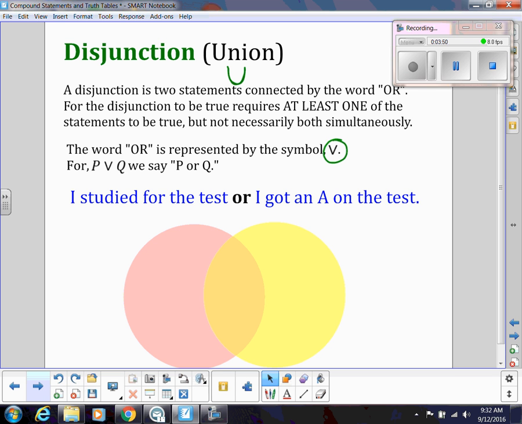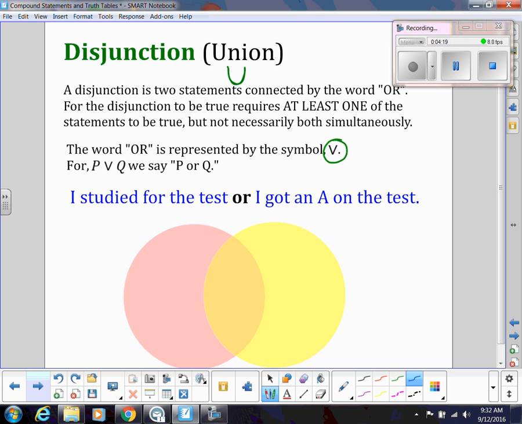So for that to be true, it requires at least one of the statements to be true, but not necessarily both simultaneously. So for example, I studied for the test, or I got an A on the test. When we say that compound statement, we mean one or the other to be true, or they both could be true. That's a possibility as well. But we want at least one of them to be true when we say something like that.